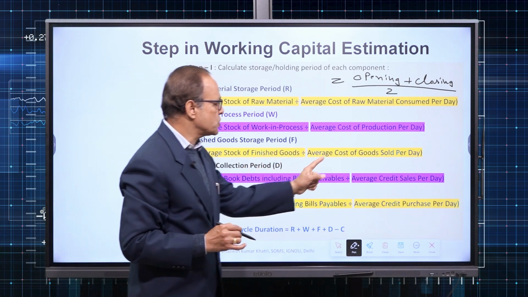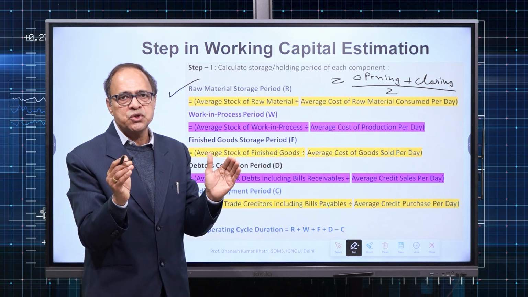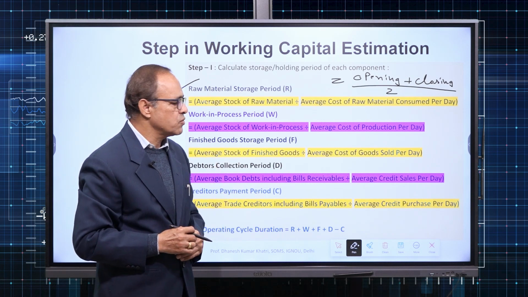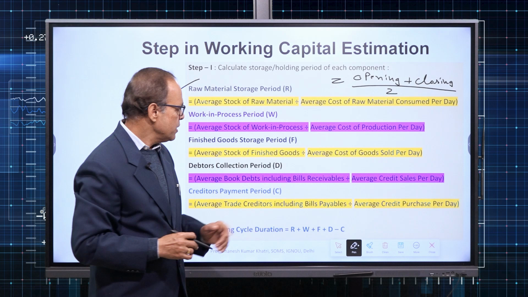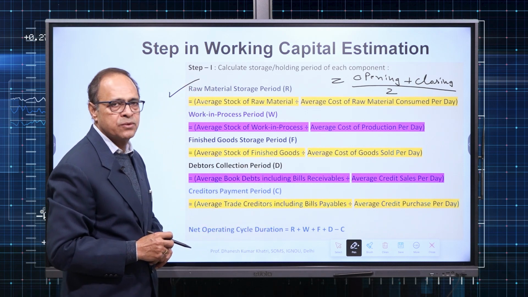An average cost of goods sold per day means total cost of goods sold for the year divided by 365; you will get average cost of goods sold per day. Likewise, we calculate all these components, each formula is there with you.